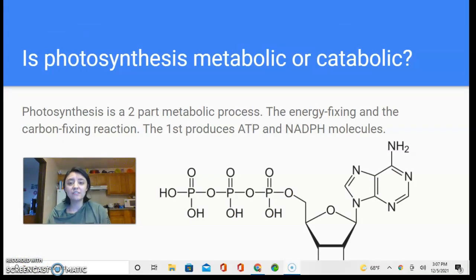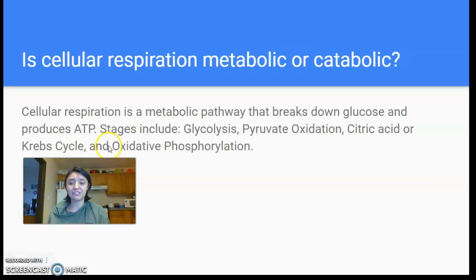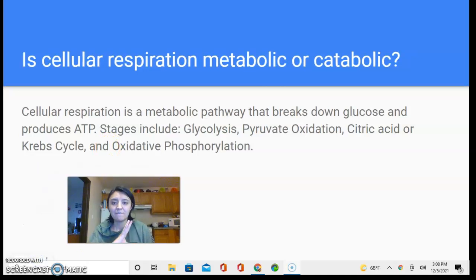Photosynthesis is a two-part metabolic process, the energy-fixing and the carbon-fixing reaction. And the first produces ATP and NADPH molecules. And cellular respiration, right? If we learned that photosynthesis is a metabolic reaction, then that must mean that cellular respiration is also metabolic.